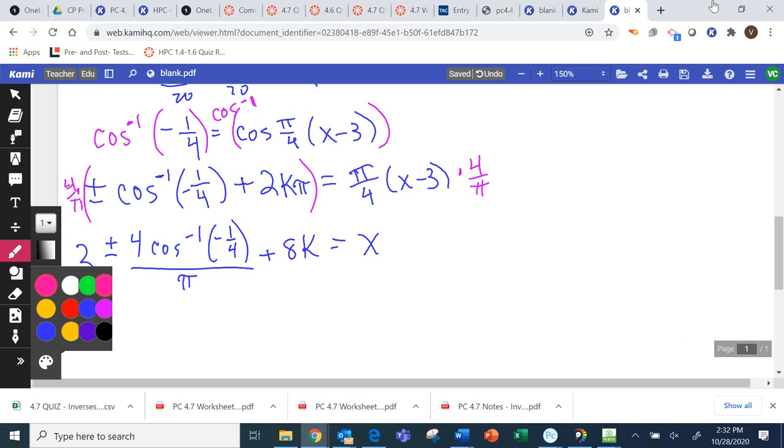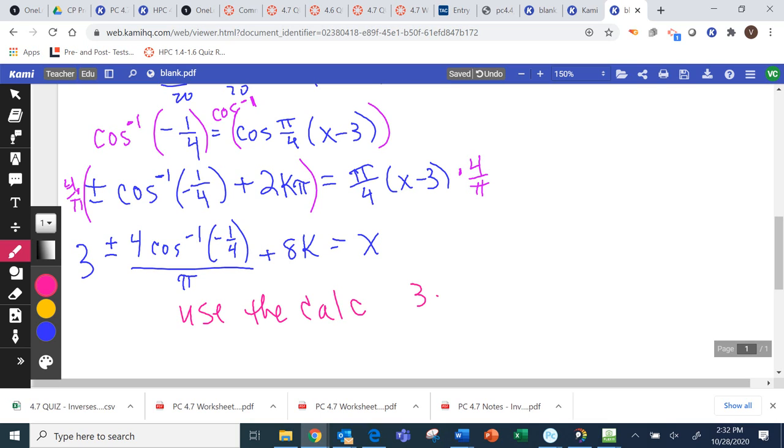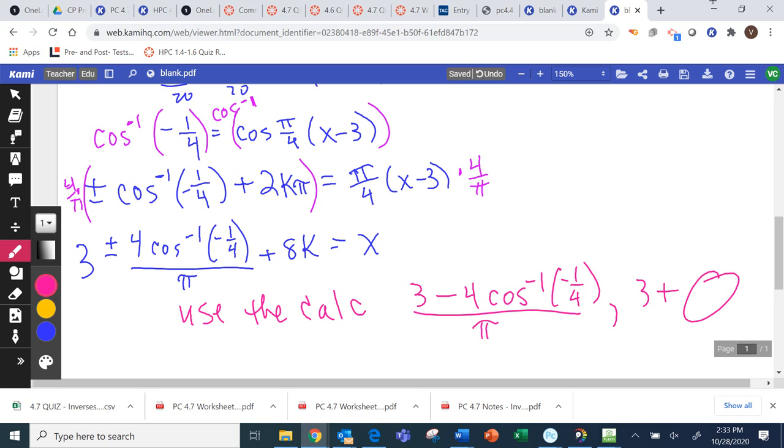And once you have x by itself, we can use our calculator. I'm going to type in 3 minus 4 cosine inverse negative 1/4 over pi first, and then the second I'll do 3 plus that amount. Oops, I have my 3 in the wrong spot.